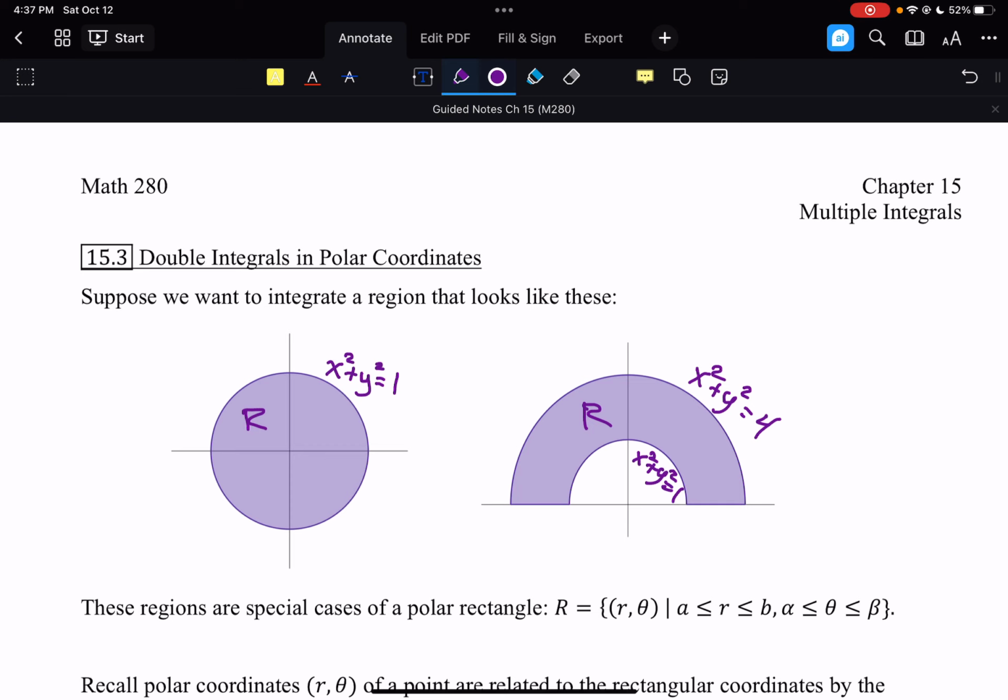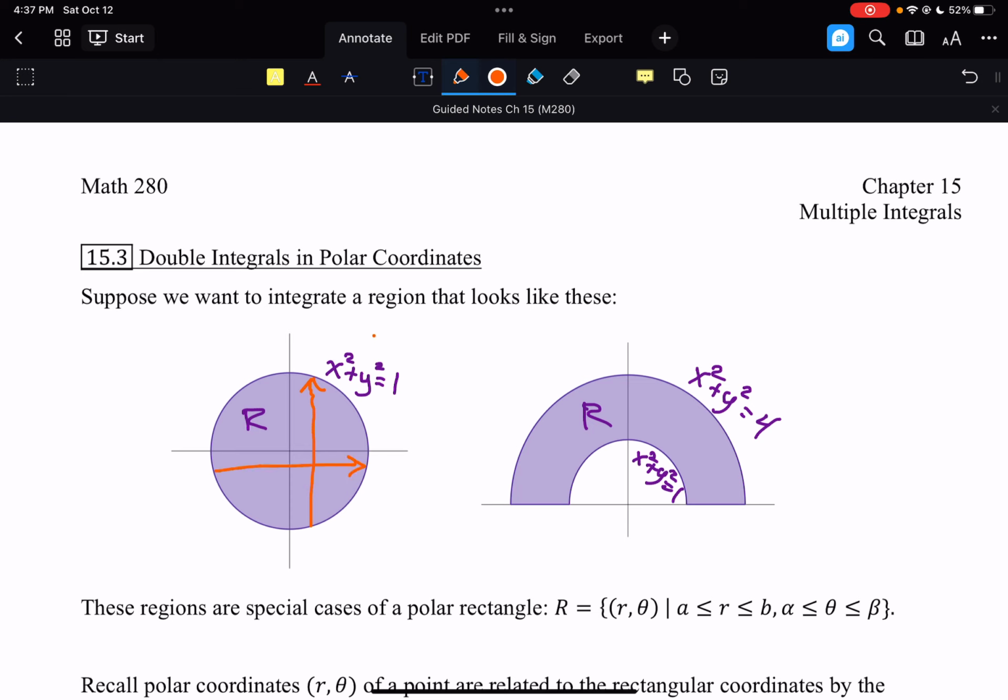If we're trying to set up double integrals over regions like this, if we think of it in the convention of vertical and horizontal integration like we saw last time, that's not going to work out quite as well for circles, just because you're going basically from the bottom half of a circle to the top half of that same circle, or going from left half to right half.